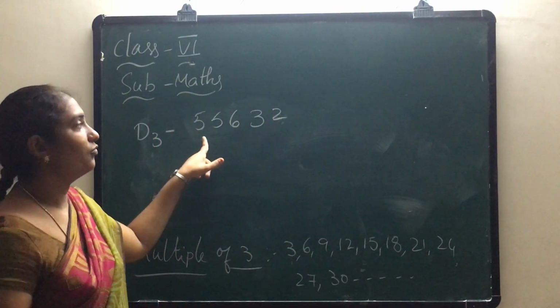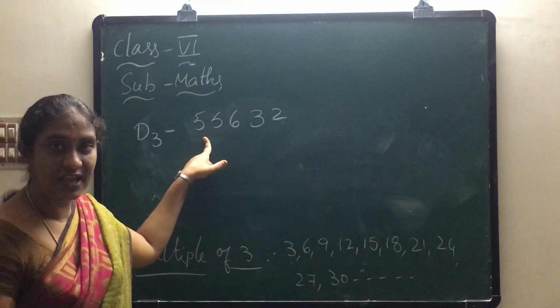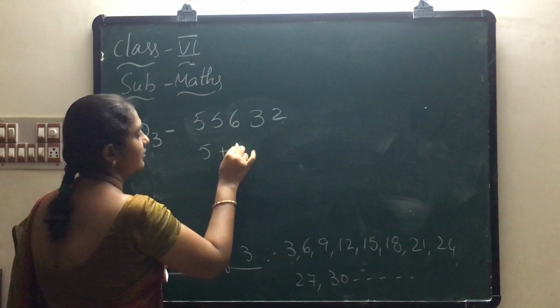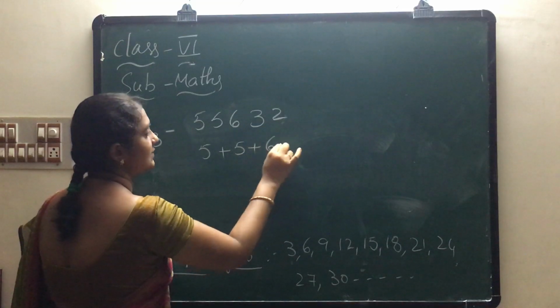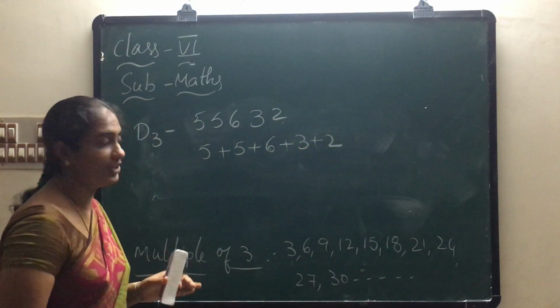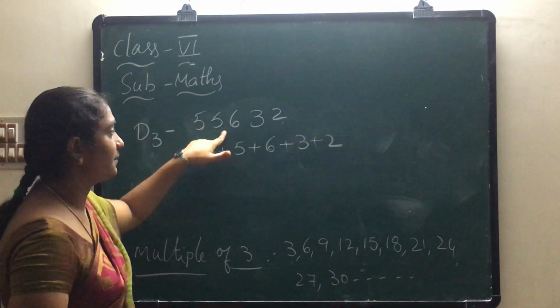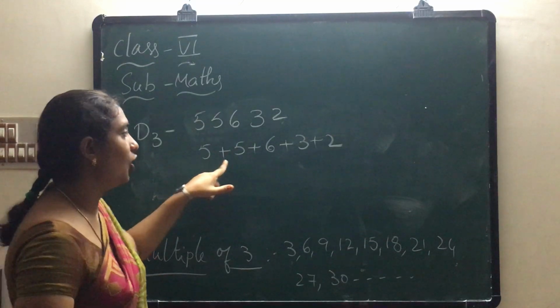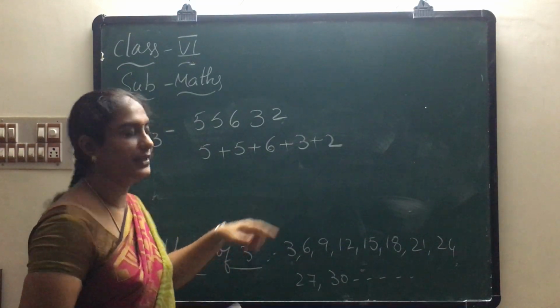Now, what do we have to do? All these numbers we have to add. So, take here 5 plus 5 plus 6 plus 3 plus 2. Okay children? 5 plus 5 plus 6 plus 3 plus 2. By adding all these numbers, how much did we get?